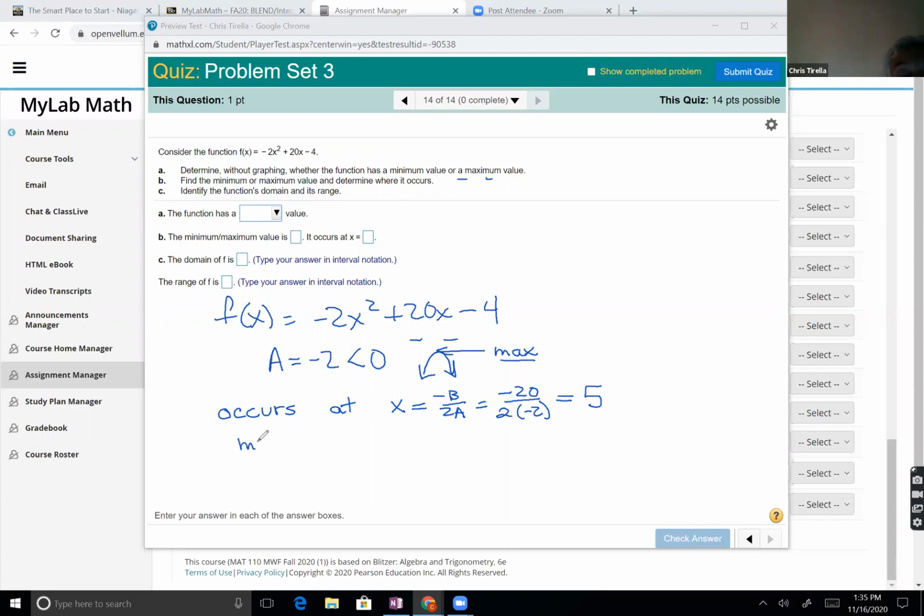And the maximum value would be f of 5, which would be negative 2 times 5 squared plus 20 times 5 minus 4, which would be, what is that, negative 50 plus 100 minus 4 would be, I believe, 46.